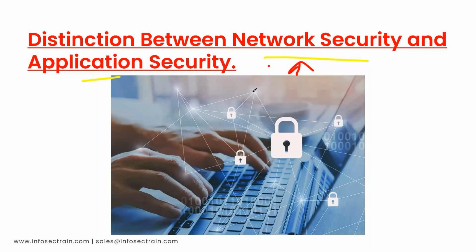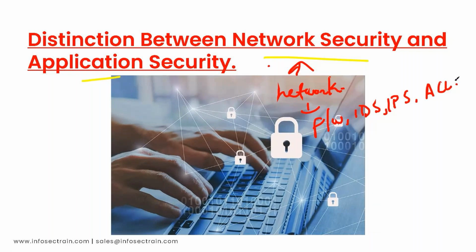In this we will be preventing unauthorized access to our network. For that we can use firewalls, IDS systems, the intrusion detection system, the intrusion prevention system, IPS, and we can add access control lists. So that is what network security is.